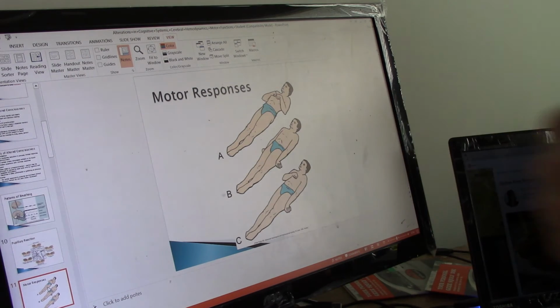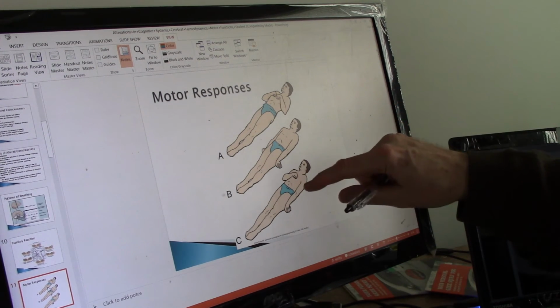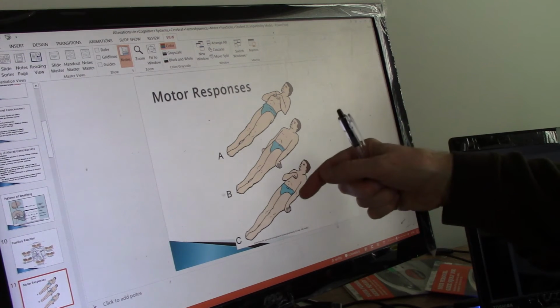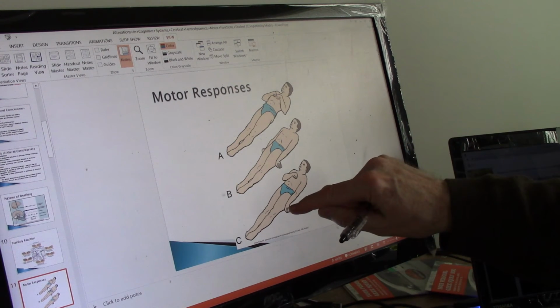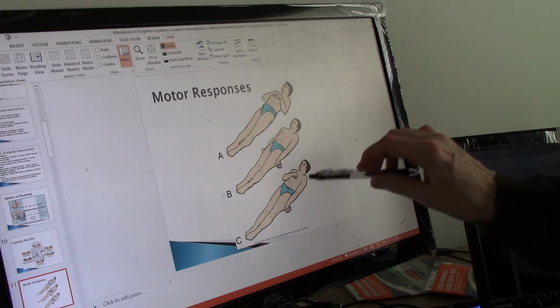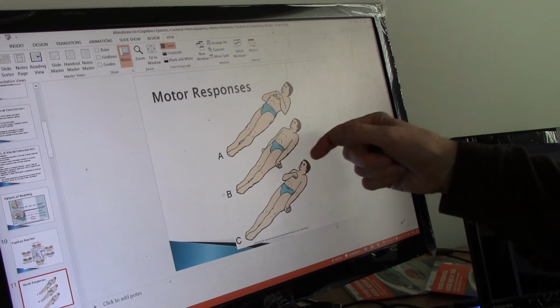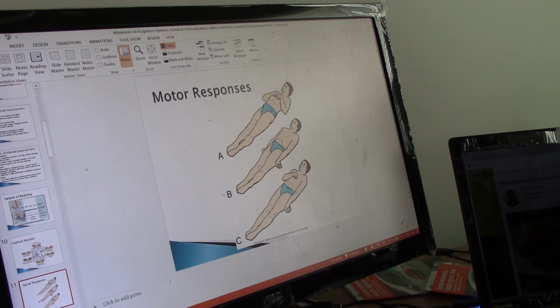Here you have them adducted into the chest, and then here you have a mixed picture, adducted on one and sort of rotated outward and extended on the left arm, and you can see that this very well could be due to two separate lesions in two separate parts of the brain.